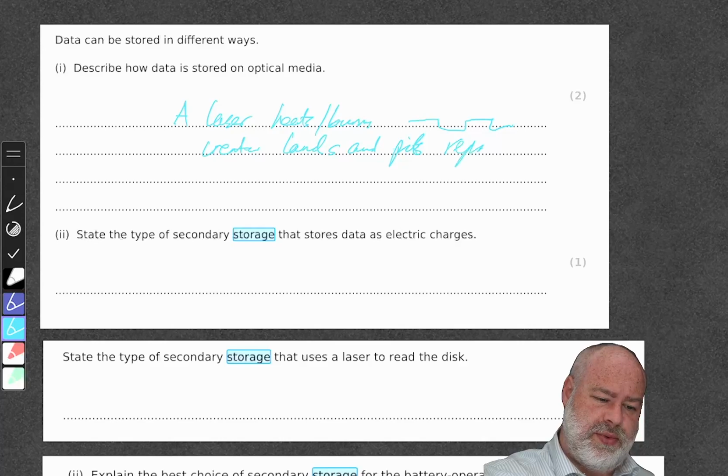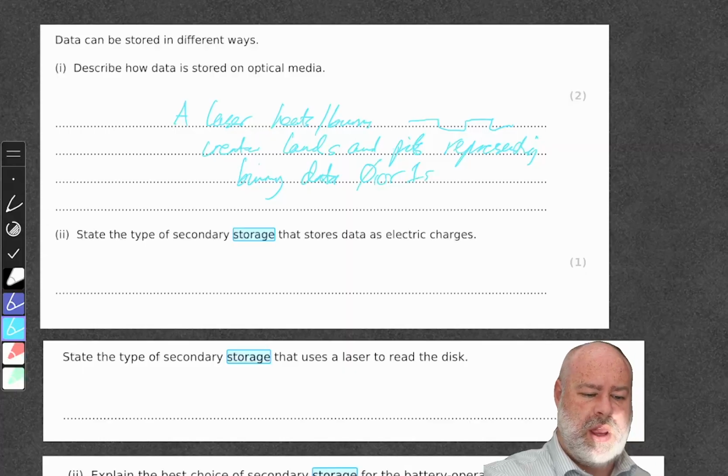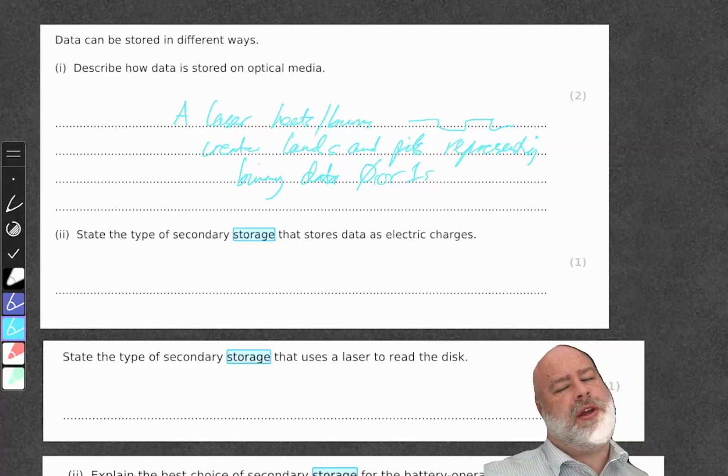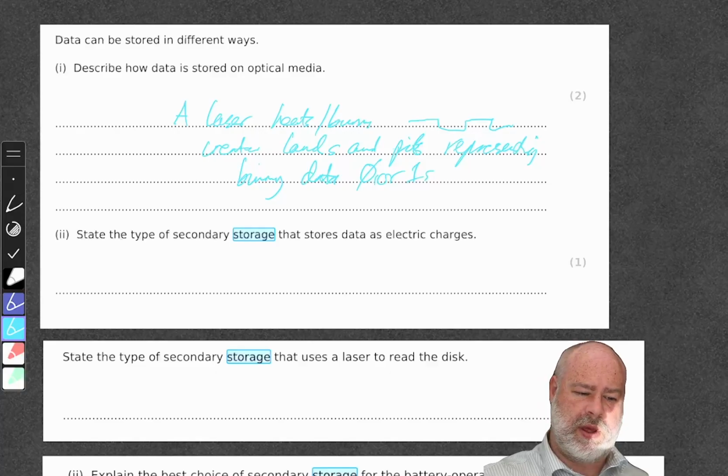And I would just put representing binary data, 0 or 1s. That's more than enough to get 2 marks there. And it's quite specific, isn't it? So again, it was a real exam question, so it was worth us going through it.